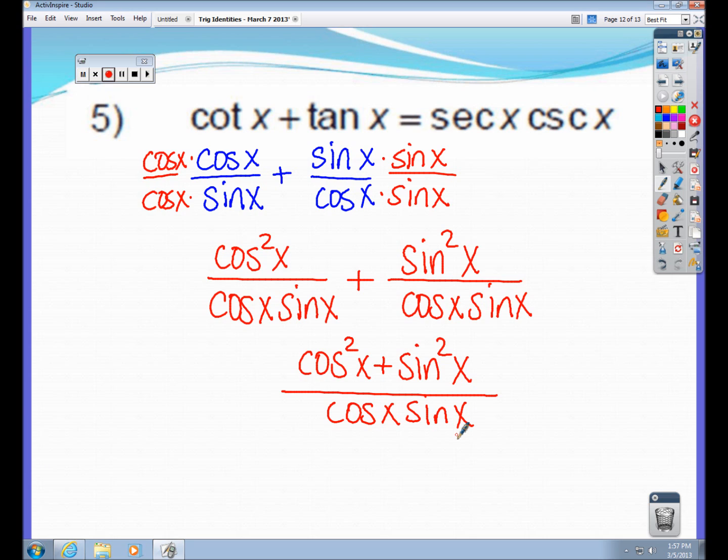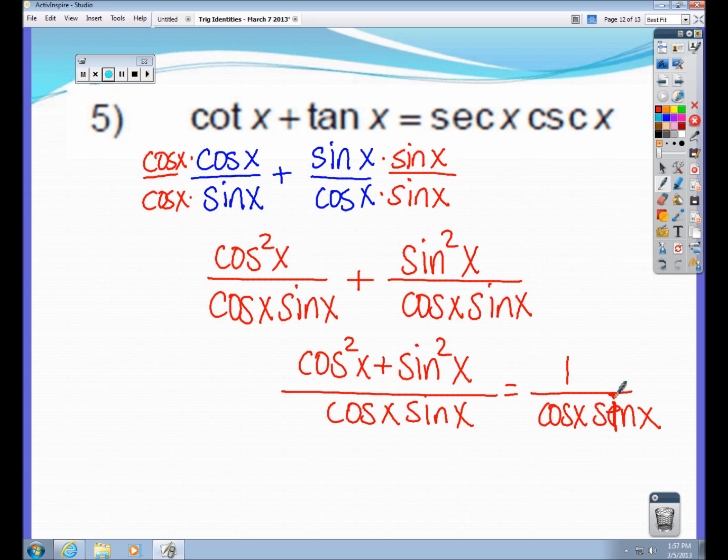Now, we just looked at this one in the last problem. Sine squared plus cosine squared is a Pythagorean identity, and sine squared plus cosine squared is equal to 1. Okay, so 1 over cosine x sine x. Okay, now I'm not finished yet because look at what we're trying to end up with. I need to split that fraction up.